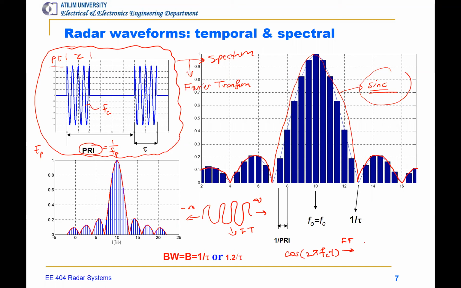If you write two-sided, then it's going to be 1 over 2 Dirac delta f minus fc plus Dirac delta f plus fc. One-sided version is going to be Dirac delta f minus fc. So if we draw it, if this is the frequency domain, then there's going to be a Dirac delta here at fc, whose amplitude is 1.